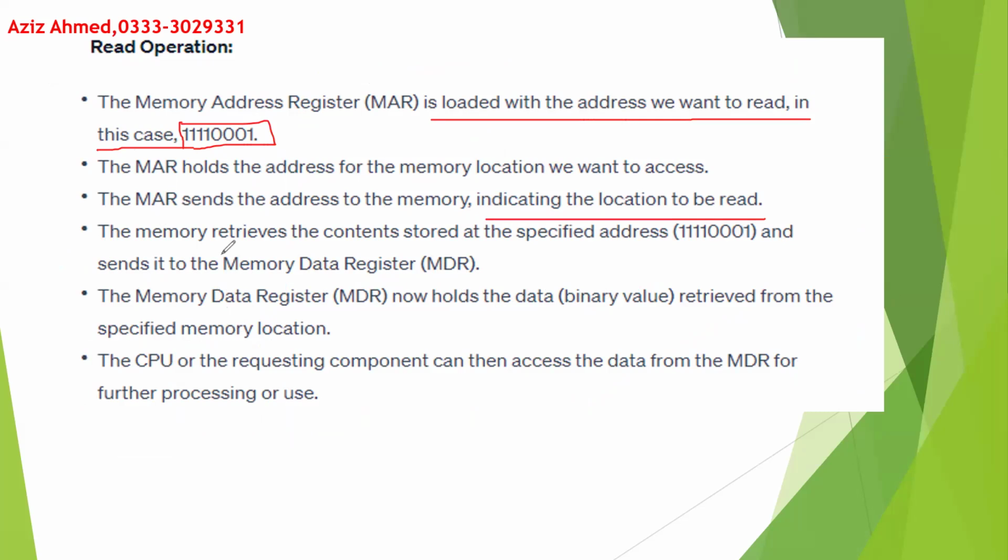The memory retrieves the content stored at the specific address 11110001 and sends it to the MDR. The MDR now holds the data, the binary value retrieved from the specified memory location. The CPU or the requesting component can then access the data from the MDR for further processing.